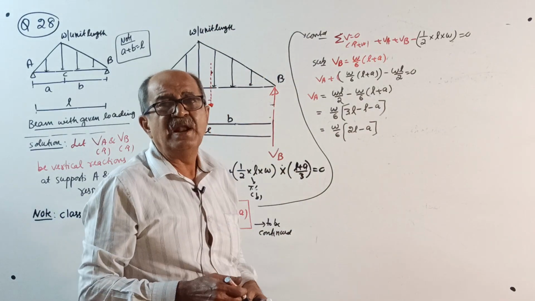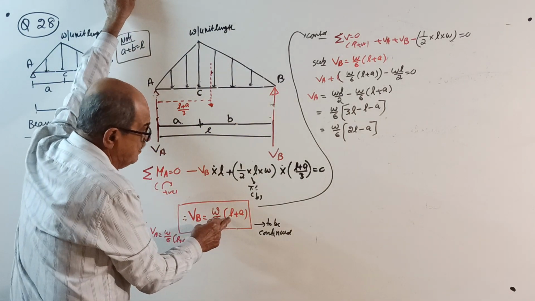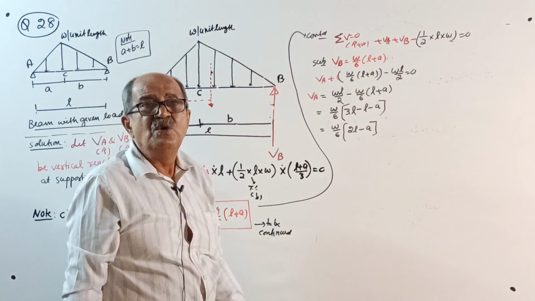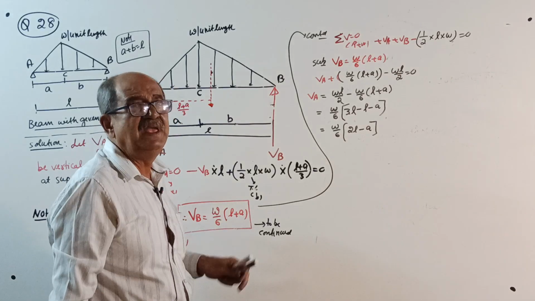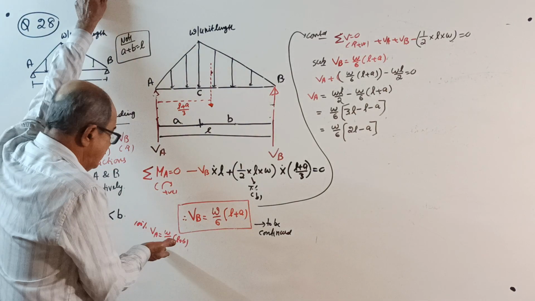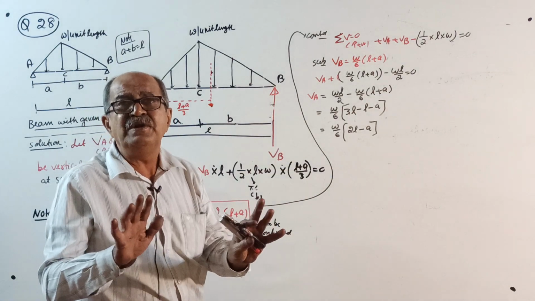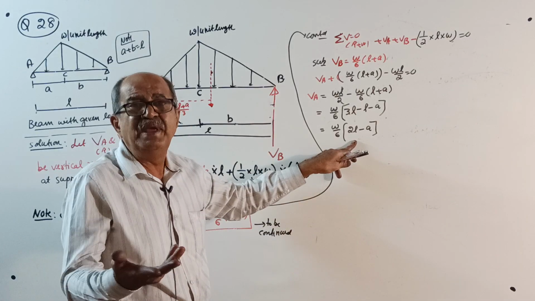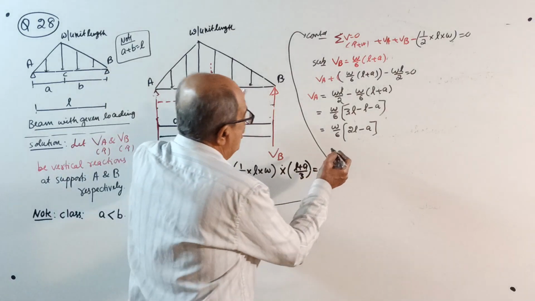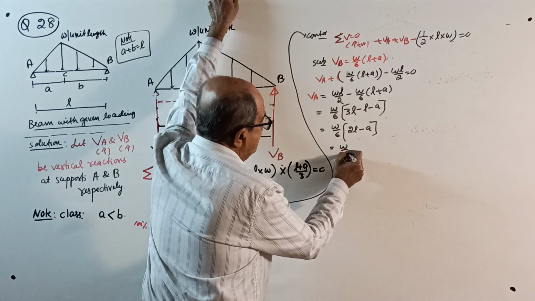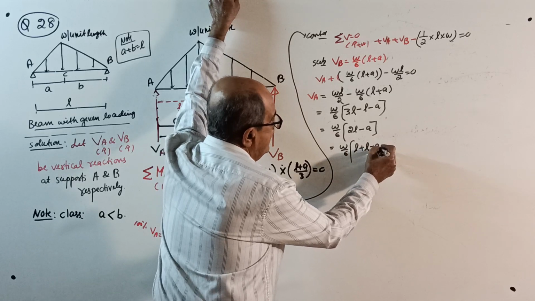You can stop here, but someone will say, sir, VB you got W by 6 into L plus A, same format, VA should come W by 6 into L plus B. I will say yes, I told it already, it will come, but it did not come that way; it came in some other way. If you don't have patience, you can stop here, but I still want the same format, so continue: or equal to W by 6 into this 2L, you write L plus L minus A. Correct?